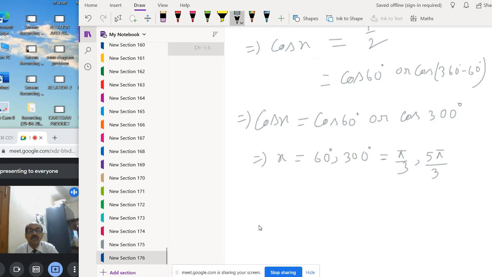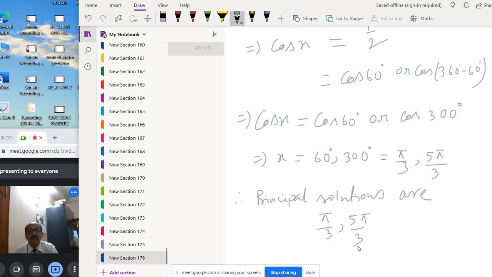So the principal solutions are pi by 3 and 5 pi by 3. These two answers.